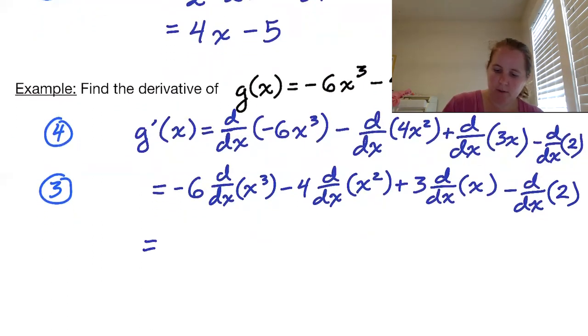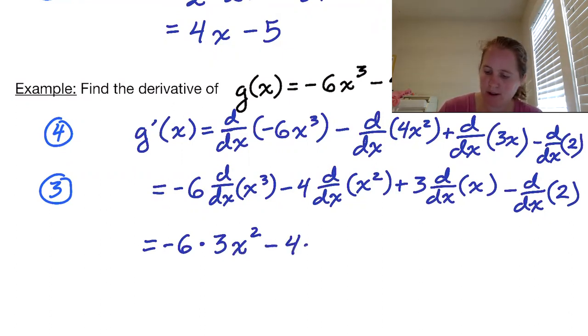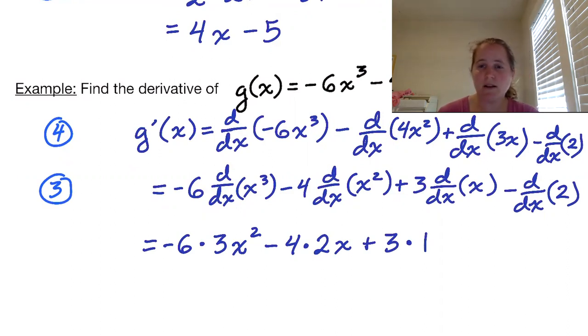From here, we have our power rule. So this is -6 times 3x squared. Pulled out the 3, dropped that power by 1. -4 times x squared will now go to 2x to the first power, or just 2x. Plus 3 times the derivative of x is just 1. Right?